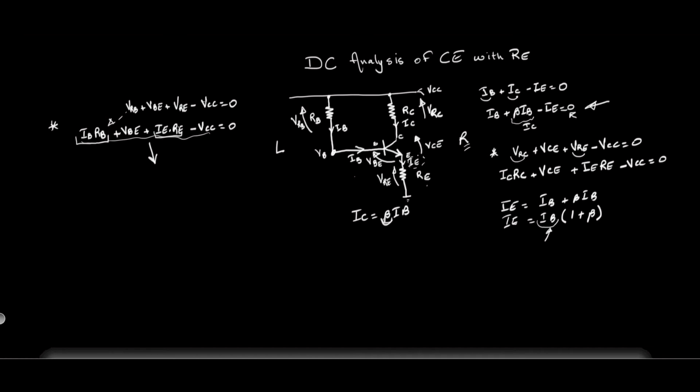So we have IE RE equals VCC minus IB RB plus, minus, I'm sorry, VBE.